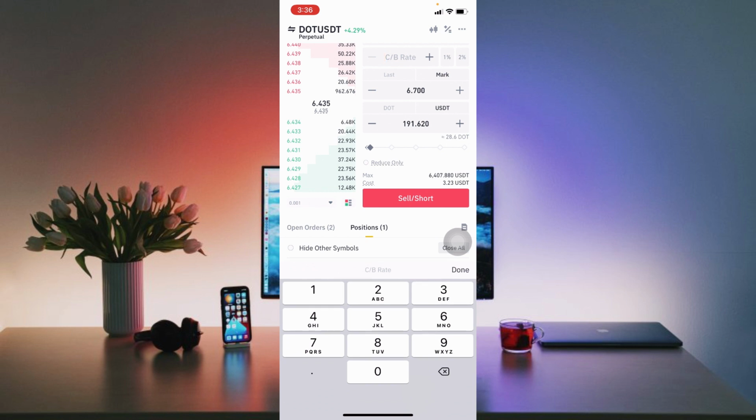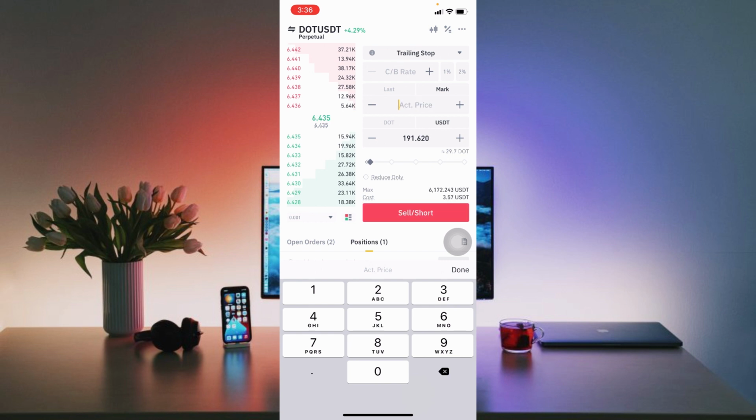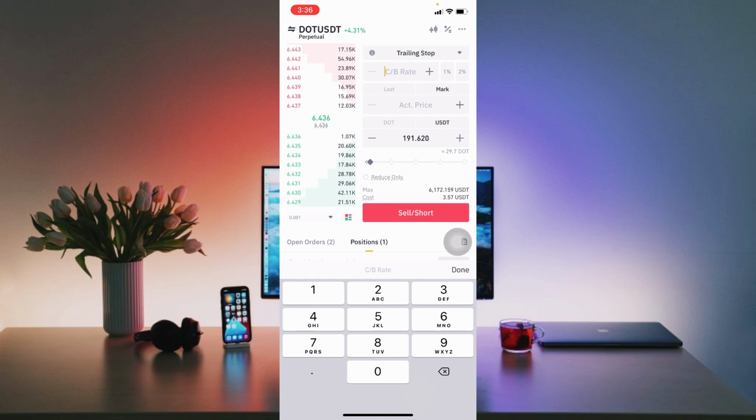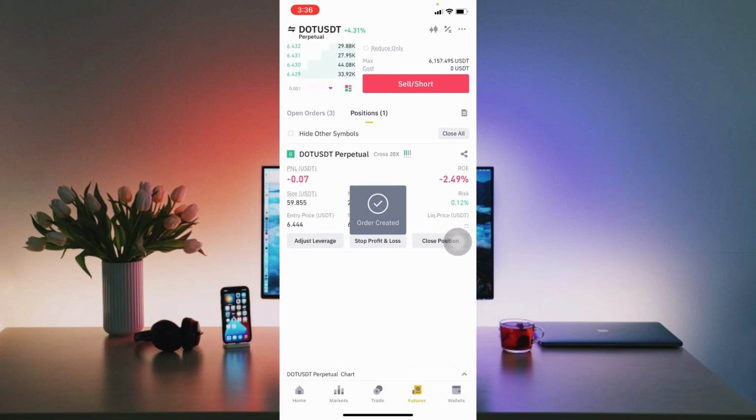So when we click on sell short here, for the callback rate we set 5%. Because we are selling, just leave it at activation price. So you click on sell. So now we have just entered a trailing stop.